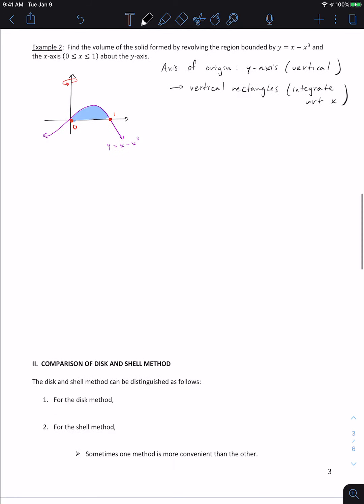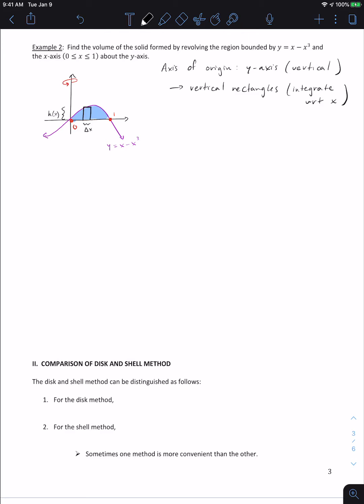Okay, so vertical rectangles. So my rectangle needs to look something like that, all right? So the width of my rectangle is still going to be delta x because it's the change in x there. The height of my rectangle, right, is right here. This is h of x. If you notice, if I shifted that rectangle to the left or the right, the height of that rectangle is going to be given by the purple graph, right?